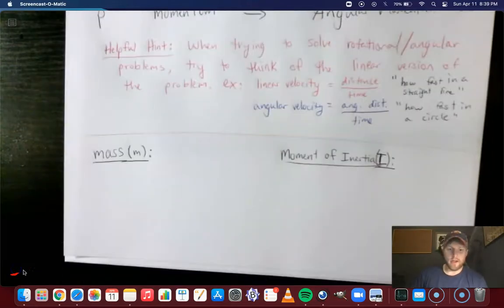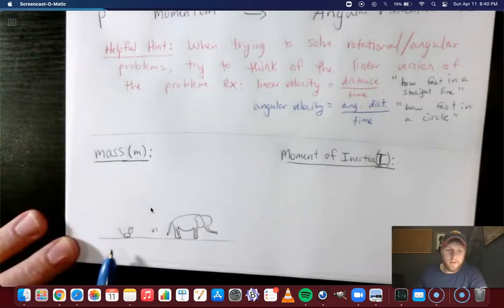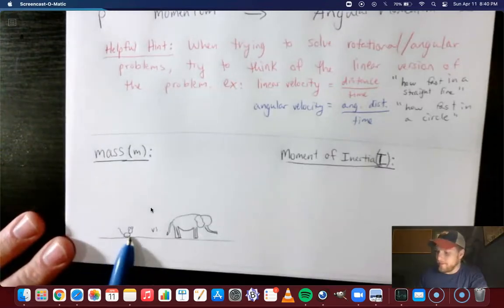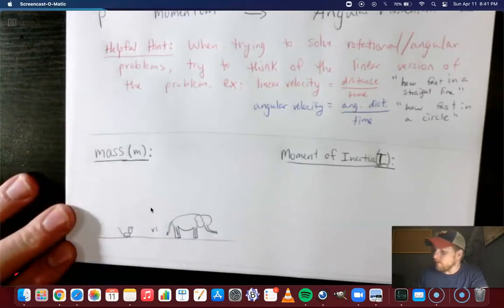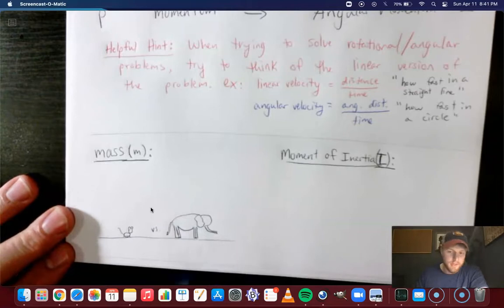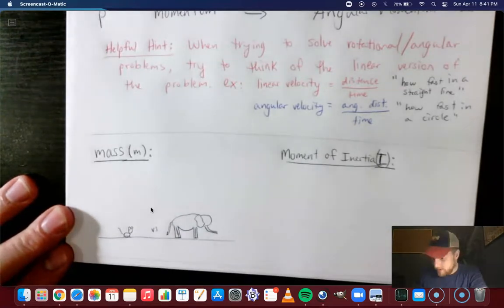The first thing I want to directly compare is mass and the moment of inertia. So let's quickly remind ourselves of what mass means. Think about the difference between a mouse and an elephant. Pardon the sloppy drawing, but we've got something very, very small, maybe a few hundred grams like a mouse, compared to something like an elephant, which can be many thousand kilograms in terms of mass.